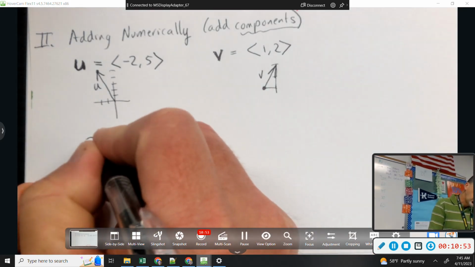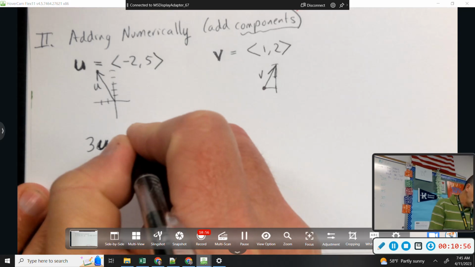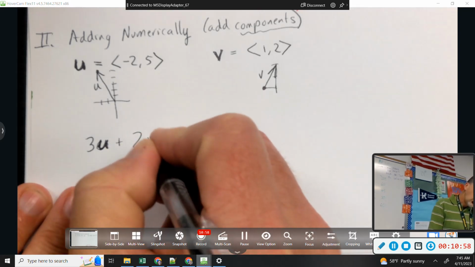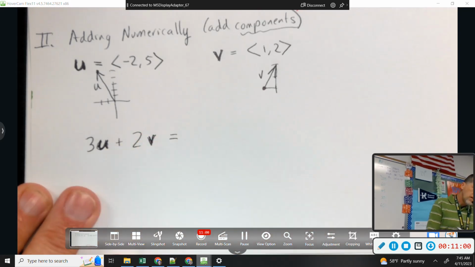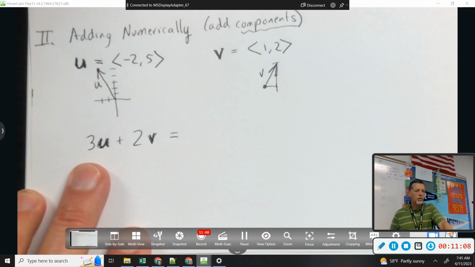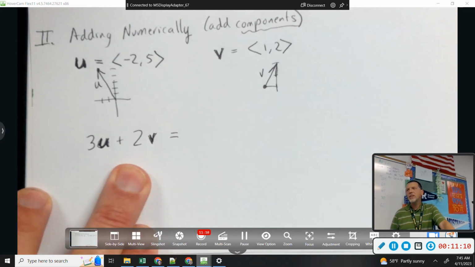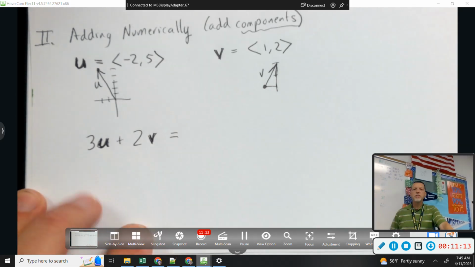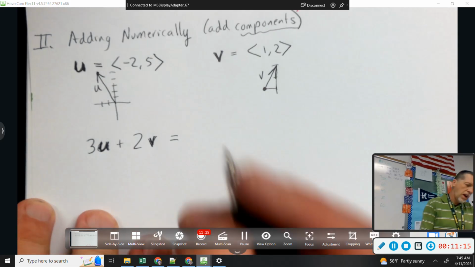Right, now let's find 3u plus 2v. So in the last section, adding them graphically, I would sketch 3 u's and then sketch 2 v's and then draw the full resultant. But there's an easier way if we have the numbers.